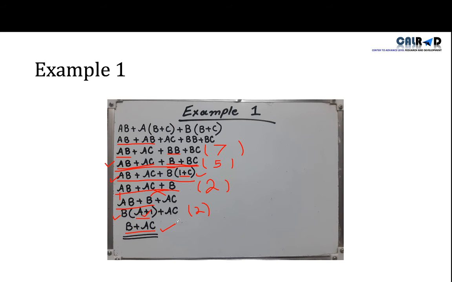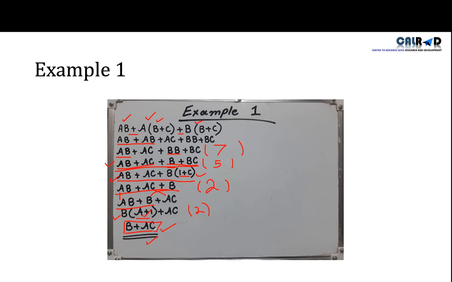Now you can see how this final equation is better than the first equation. In the first equation we were using 1 gate, 2 gates, 3 gates and a 4th gate for combining these terms. But for our final equation, B plus AC, how many gates are we using?